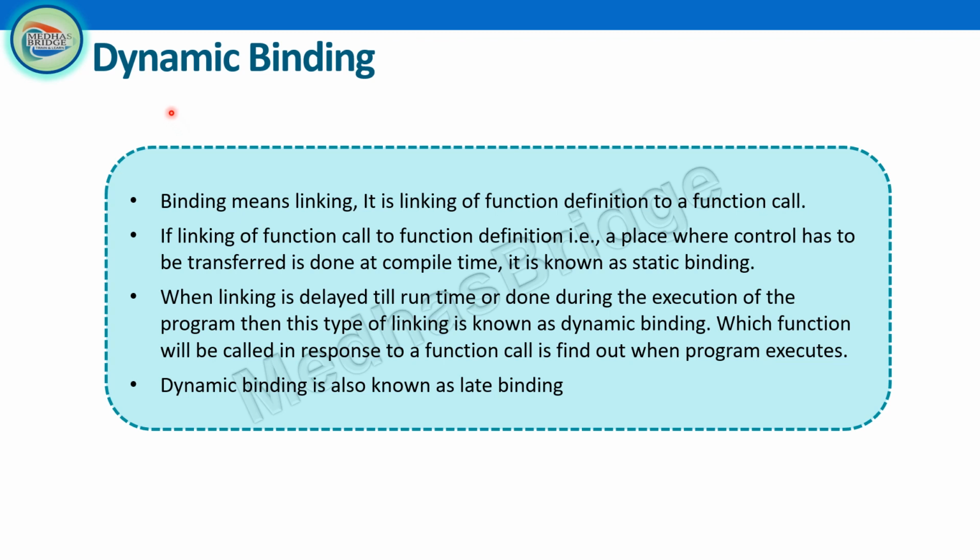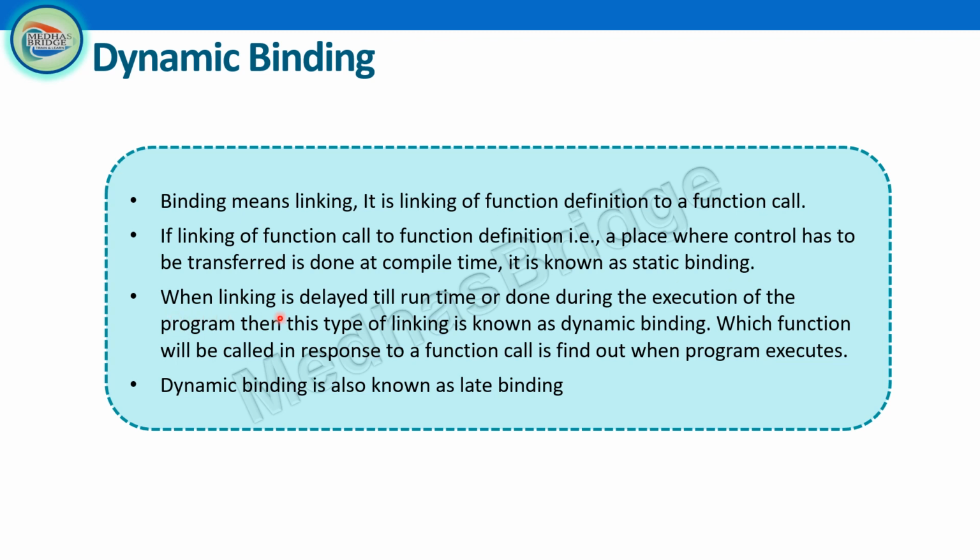Let's look at dynamic binding in short. Binding means linking. It is linking of a function definition to a function call. If linking of a function call to a function definition, that is a place where control has to be transferred, is done at compile time, it is known as static binding.